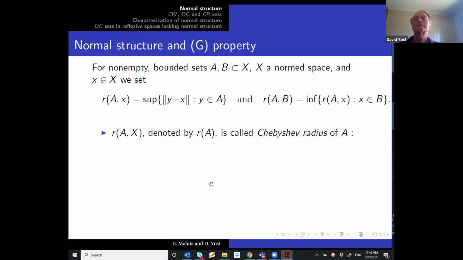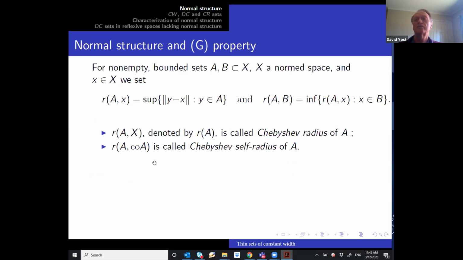So, okay, I've got things out of order. I've gone back to my definition of radius here. The Chebyshev radius of a set is the smallest radius that it can have with respect to a point anywhere in the space that you're sitting inside.